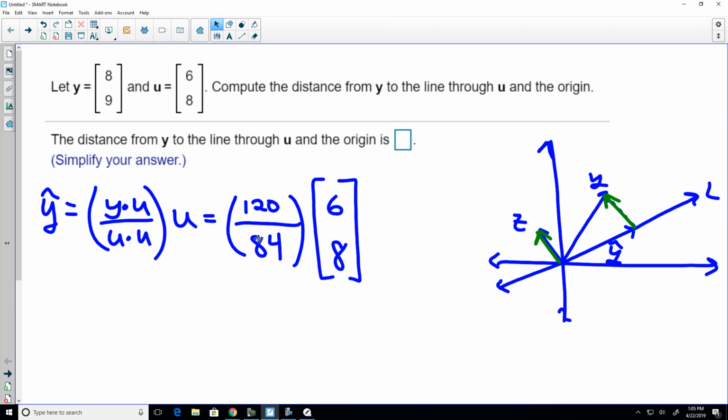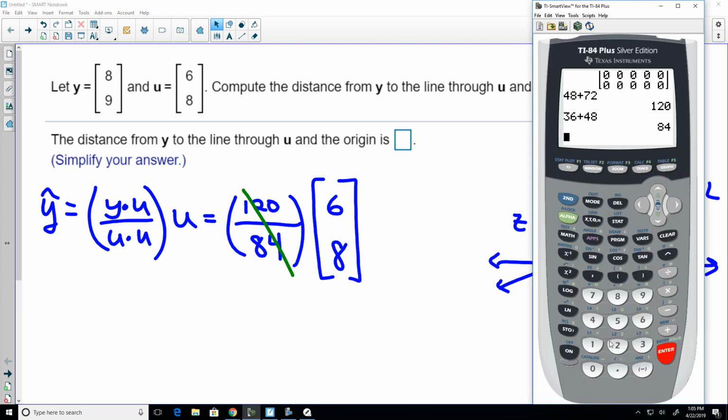Does that reduce? I'm going to cheat here. You guys don't do this at home, okay? So it's 10 over 7.